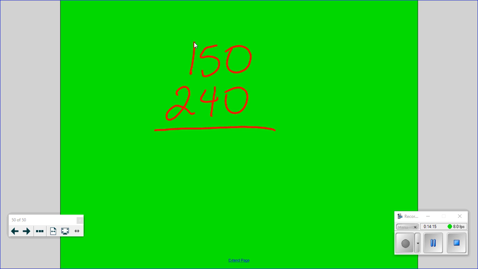If you don't remember how to add this way, you add up your ones column first. 0 ones plus 0 ones gives me how many ones? 0 ones. 5 tens plus 4 tens gives me a total of how many tens? 9 tens. And then 100 plus 2 100s gives me a total of how many hundreds? 300. So 390.